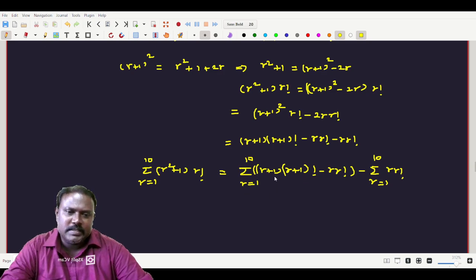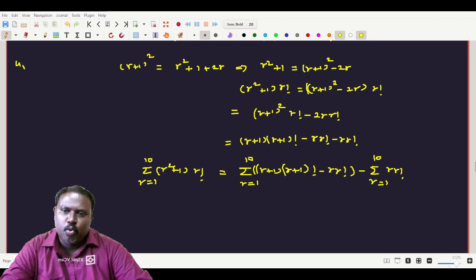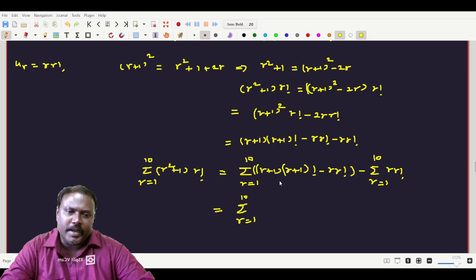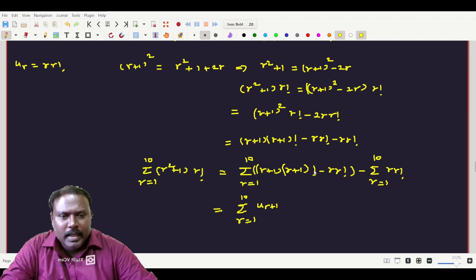Now let us take this quantity: let us take u_r equals r into r factorial. So this can be rewritten as summation r equals 1 to 10 of u_(r plus 1) minus u_r, because I have taken u_r as r into r factorial, so (r plus 1) into (r plus 1) factorial is u_(r plus 1).